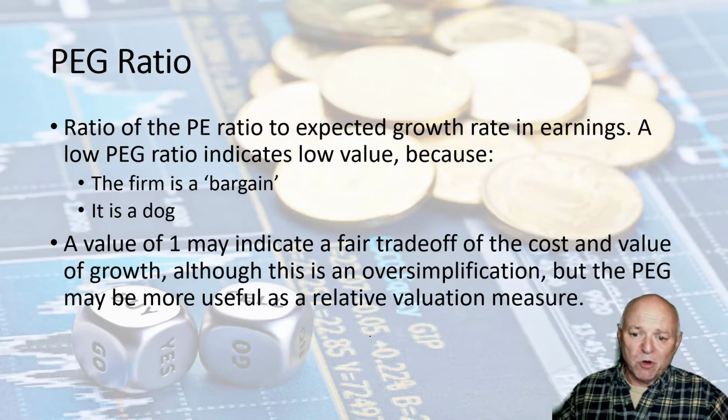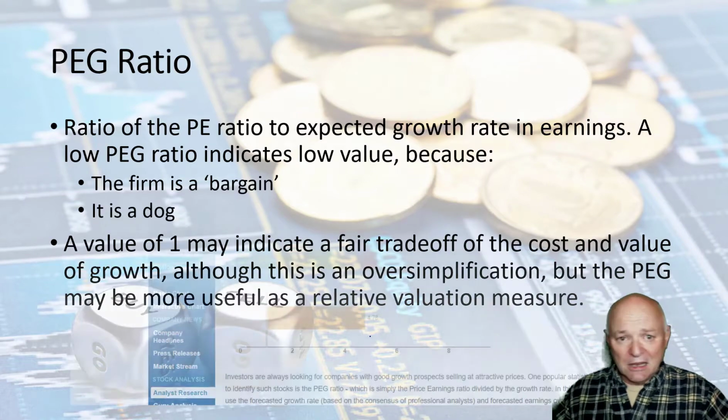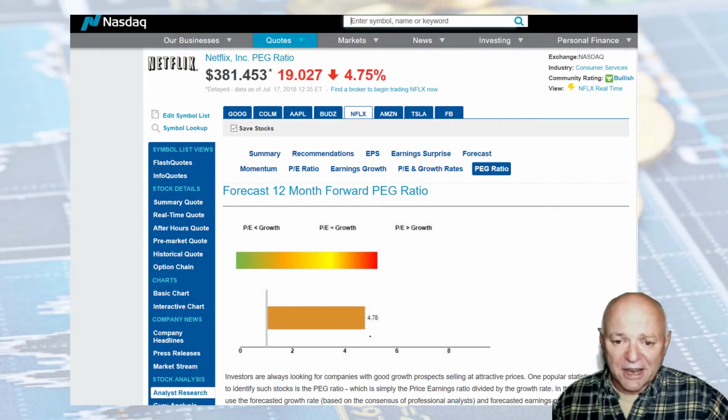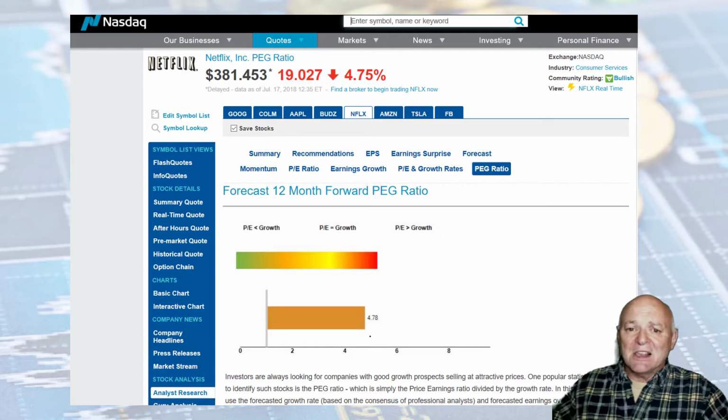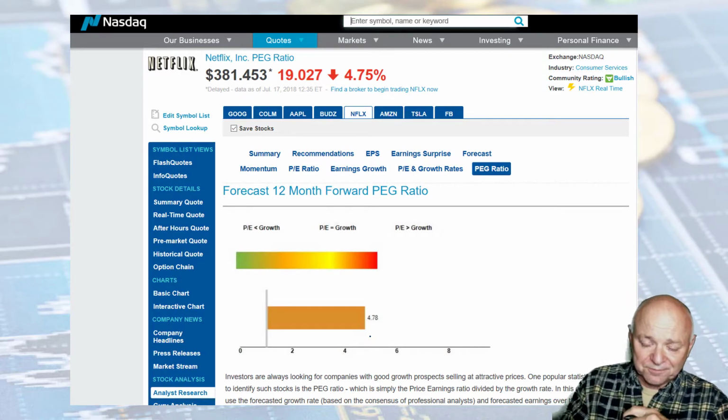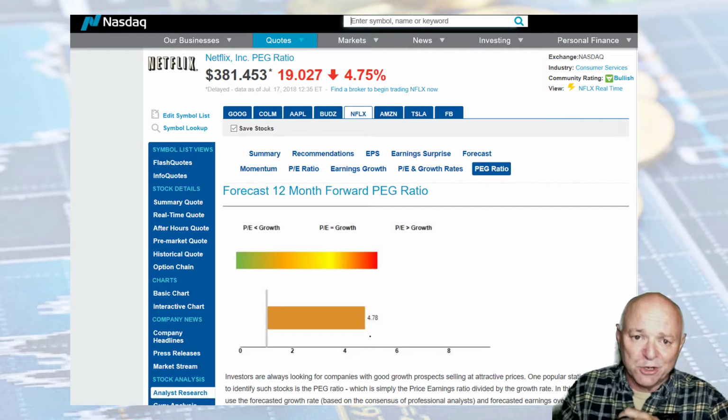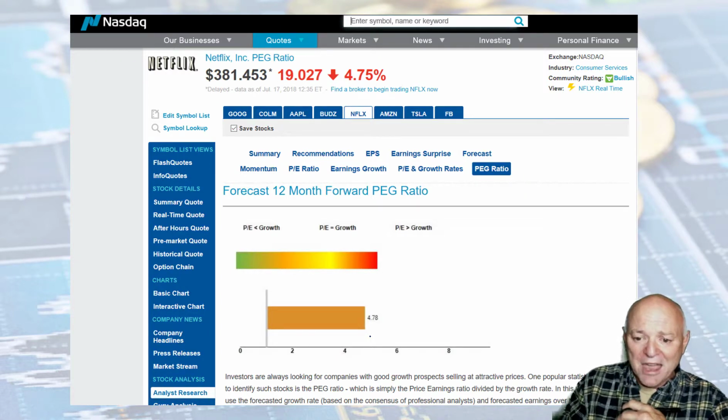And the PEG may be more useful as a relative valuation measure when you're comparing other companies in an industry. If you take an example here from NASDAQ, in the older version of their website, where they had this great graphic that I don't think anybody really understood, you can see that Netflix, at a price on the day when I downloaded this of $381 a share, had a PE to growth ratio of 4.78.